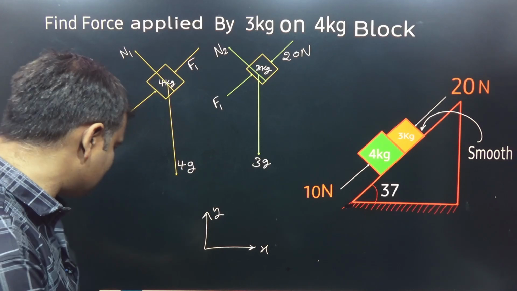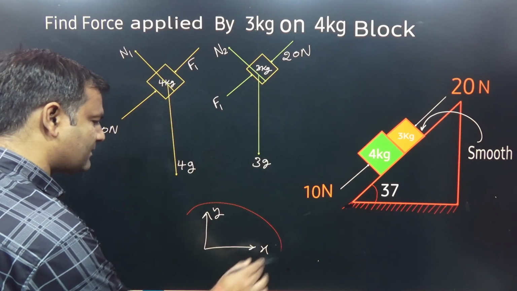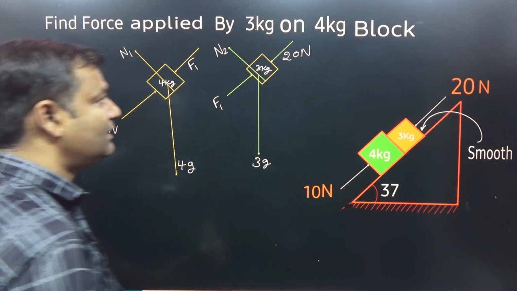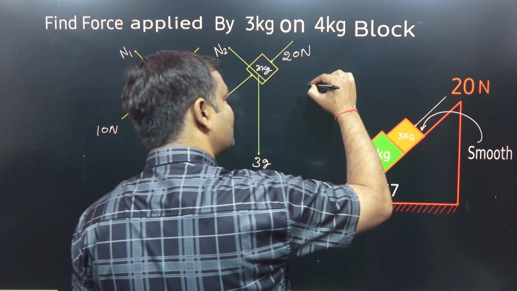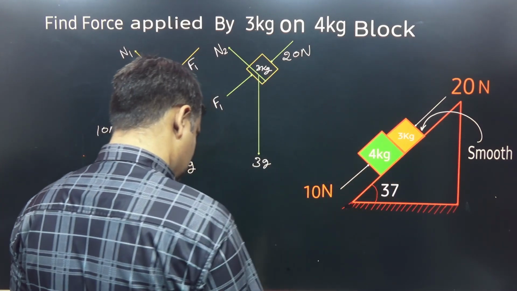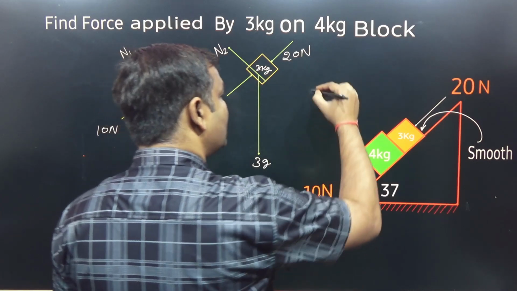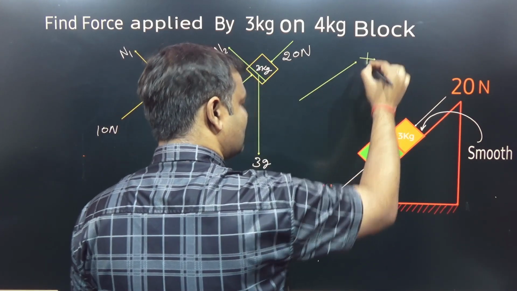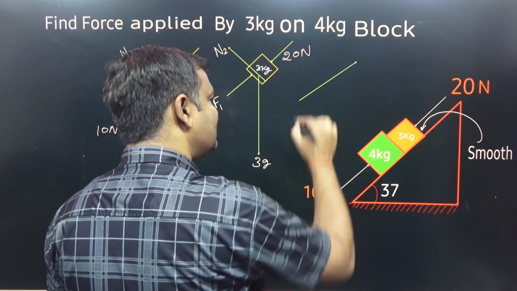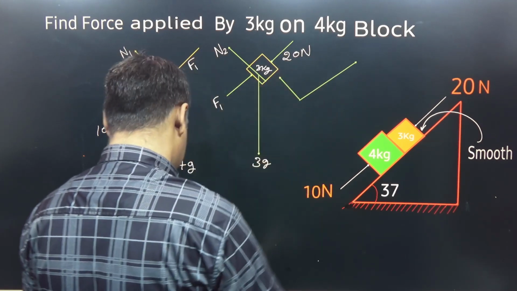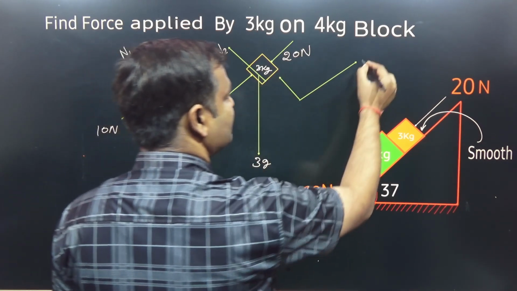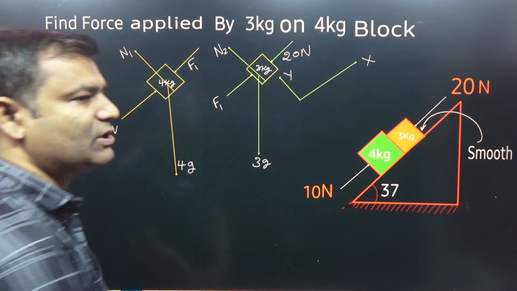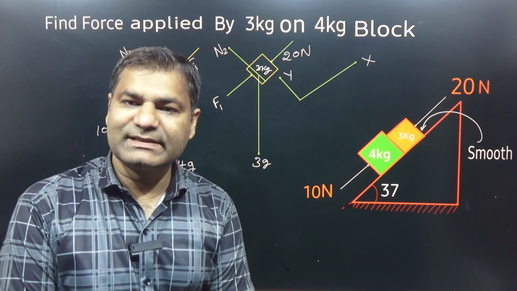So for simplicity, I will resolve all forces along the axes I have considered: this one is the capital X axis and this one is the capital Y axis. So all forces are resolved along the capital X axis and Y axis.